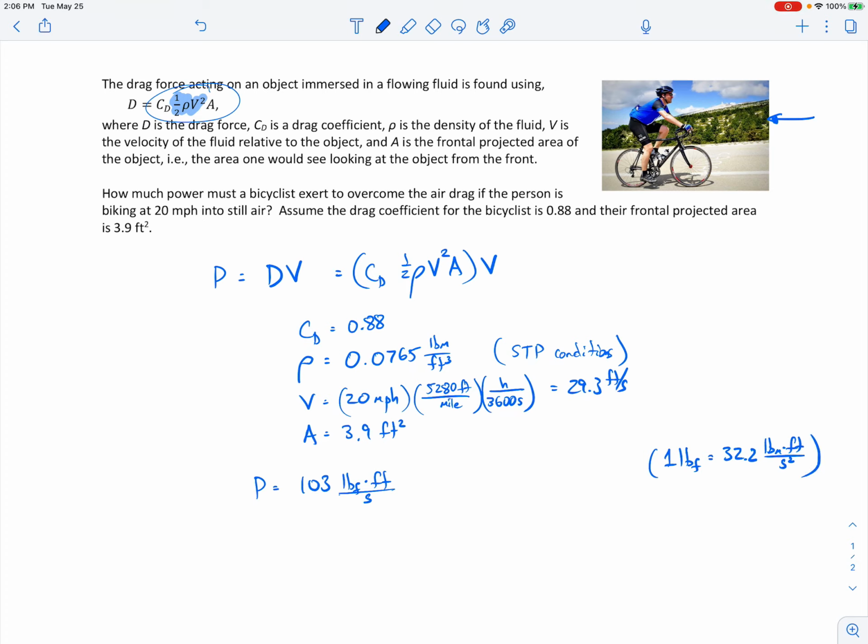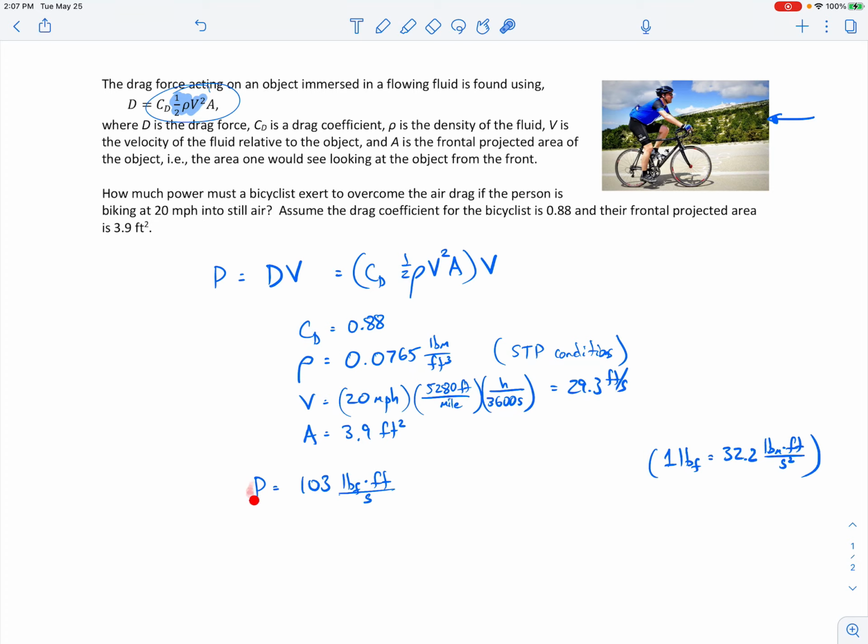Again, dealing with these imperial or English units can be a pain sometimes. This is a useful unit conversion to remember because whenever you're converting between mass, which is pounds mass, and a force, pounds force, you can just remember that, and that'll make it a little easier for you.